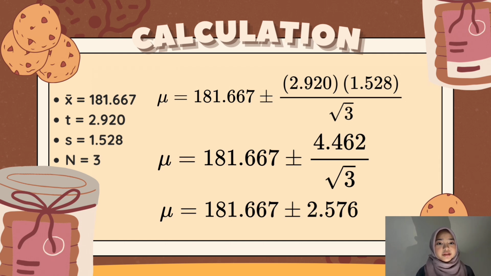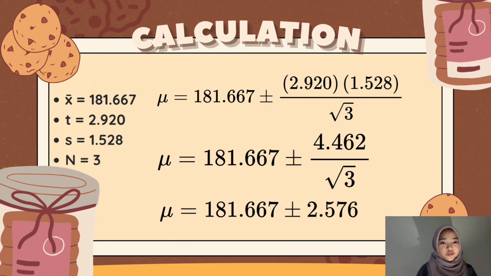To calculate, the true mean value equals mean, which is 181.667, plus or minus 2.920 times standard deviation, which is 1.528, divided by square root of the number of samples, which is 3.